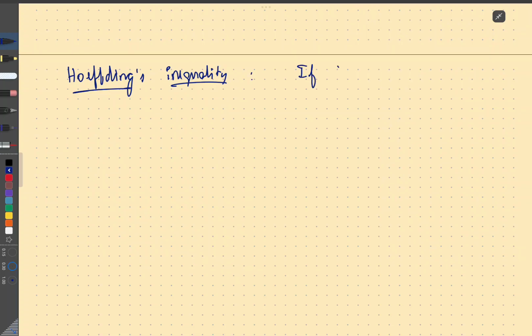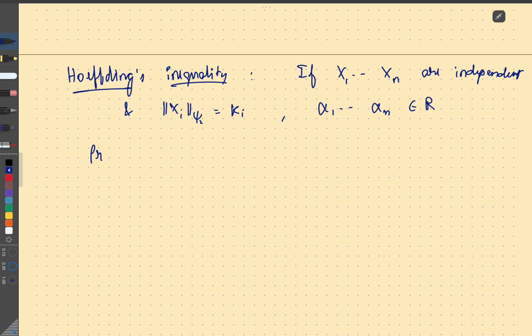This basically says that if x1 through xn are independent, and the Subgaussian norm of xi is ki, alpha 1 through alpha n are arbitrary real numbers, and let's assume in addition that the expected value of xi is equal to 0. So we've centered the random variable so that the mean is equal to 0.